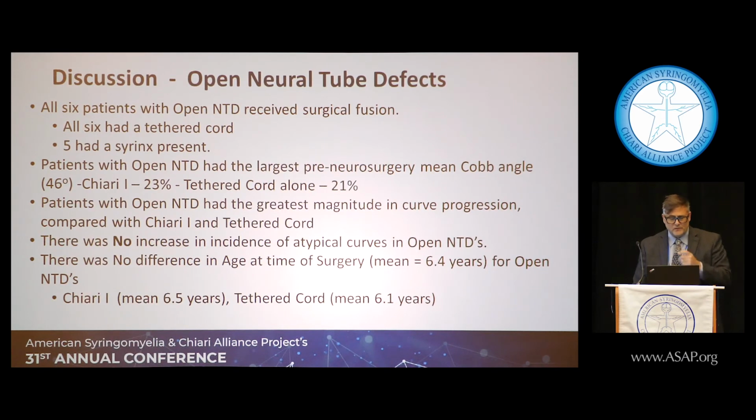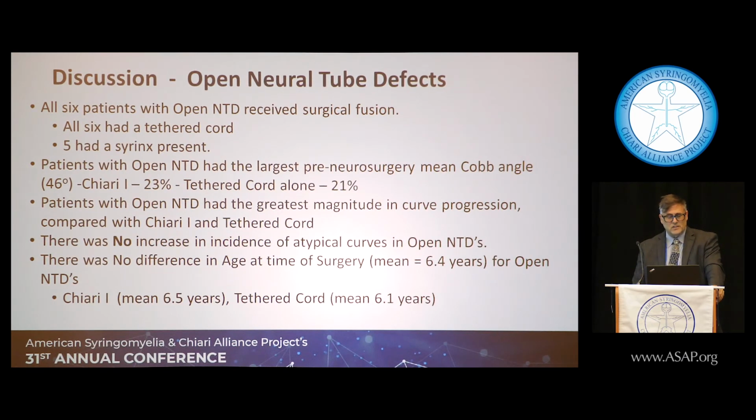Patients with open neural tube defects also had the greatest magnitude of curve progression after surgery compared with Chiari 1s and tethered cords. There was no increase in the incidence of atypical curves, and I had said that before, is we weren't finding kyphosis in addition to scoliosis, and we weren't finding these S-shaped curves or these kind of double scoliosis.